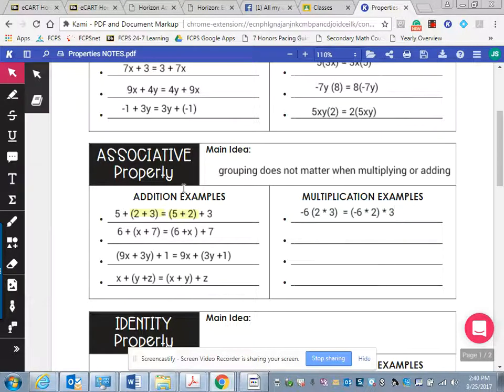So let's look at this really quickly before I progress. We have -6 outside the parentheses, 2 times 3 inside, and we have -6 times 2 inside the parentheses, and then times 3 on the outside.